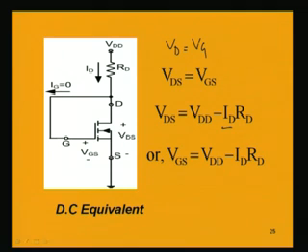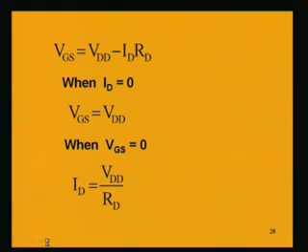So, if this is drain to source voltage, that is also equal to the gate to source voltage. So, VGS is equal to VDD minus ID RD.